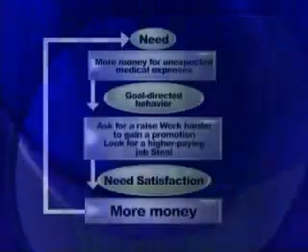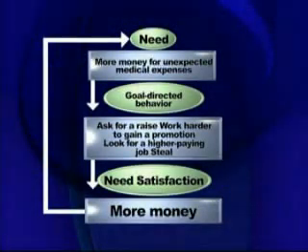What will be the direction? Now, goal-directed behavior will come up. Now, what are the options? If you have a choice, you can work extra time, overtime, so that you can make extra money.